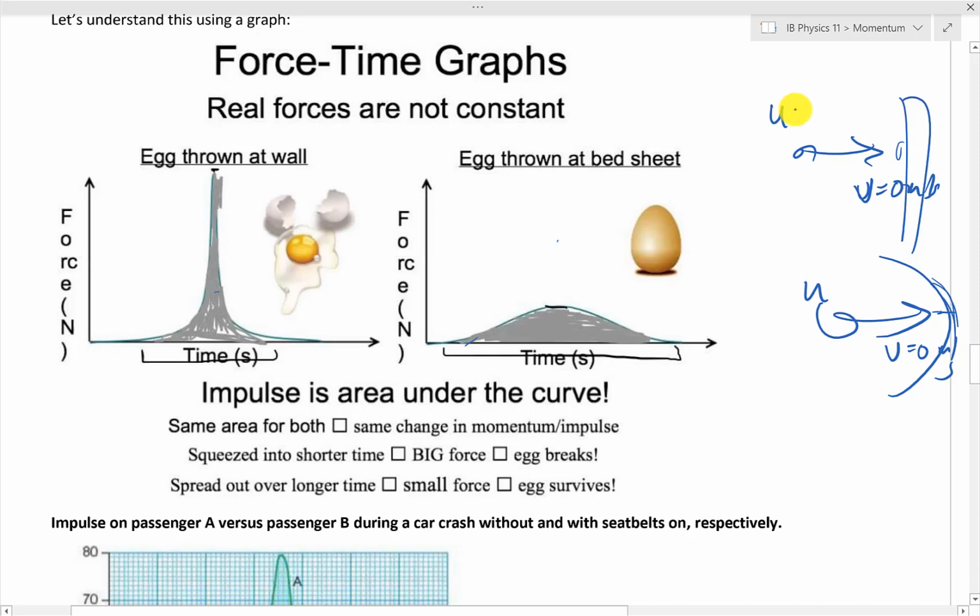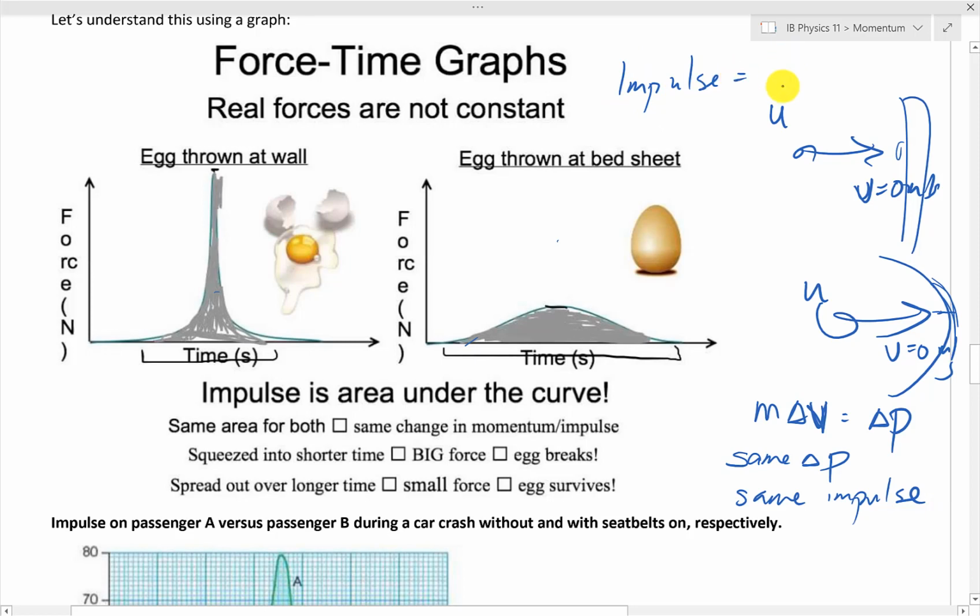Now, if we have the same initial velocity and the same final velocity, same egg, which means the same change in velocity, our change in momentum is going to be the same for either of these cases. When we have the same change in momentum, we also have the same impulse. We also know that impulse is equal to the force acting on an object times the time that it was applied. So that's force times time.